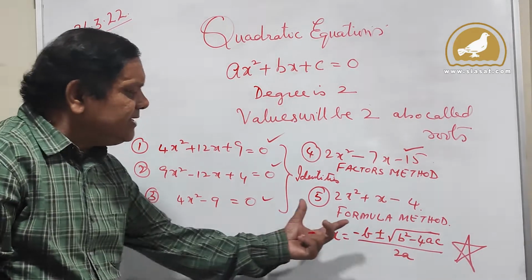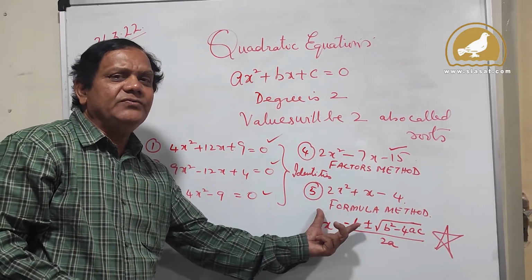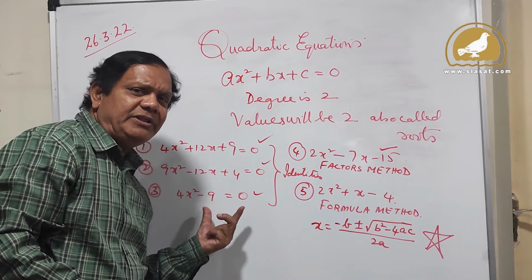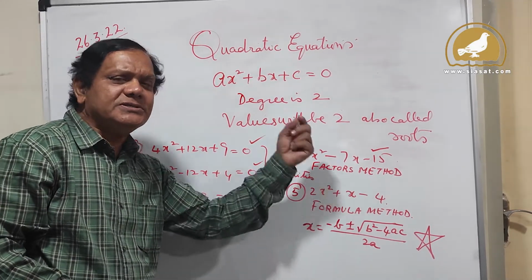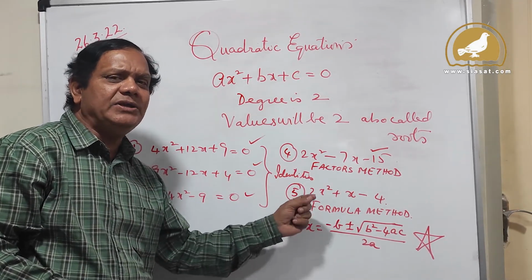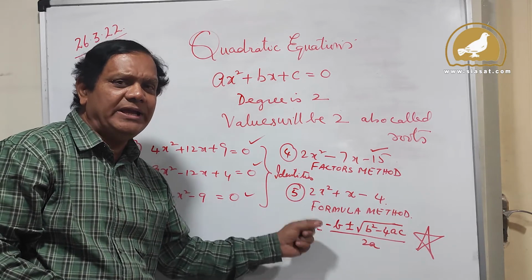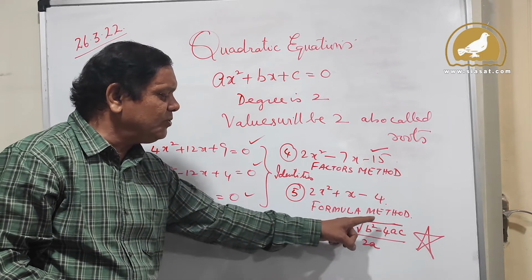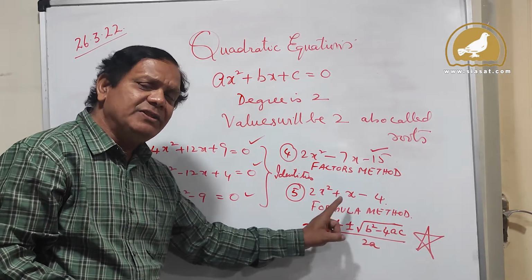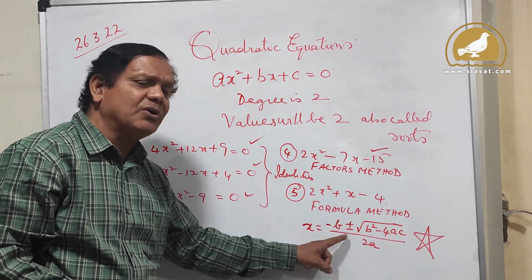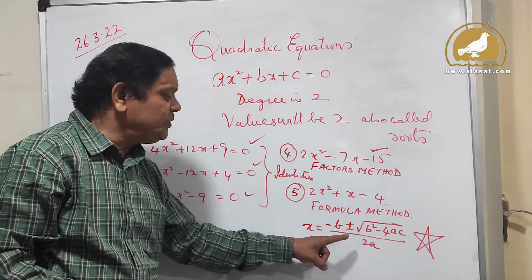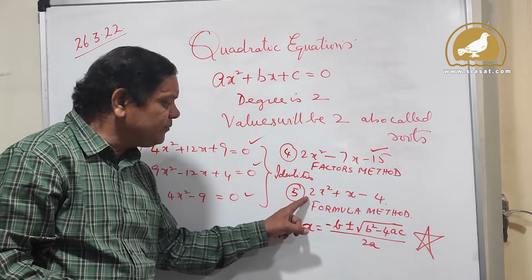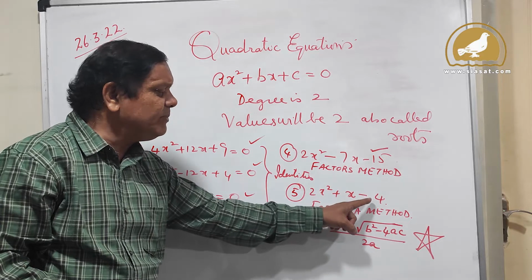But for this type of question, we cannot use either the identity method or the factors method. We have to compulsorily use the formula method only, where x is equal to minus b plus or minus under root of b square minus 4ac. With plus you will get one value, with minus you will get one value, by substituting the values of a as 2, b as 1 and c as minus 4.